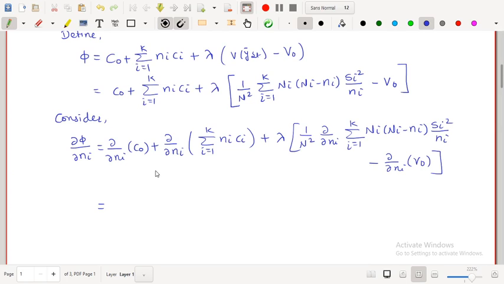Now the derivative of this C0 with respect to Ni is 0, plus dou by dou Ni of the summation, solve it first.